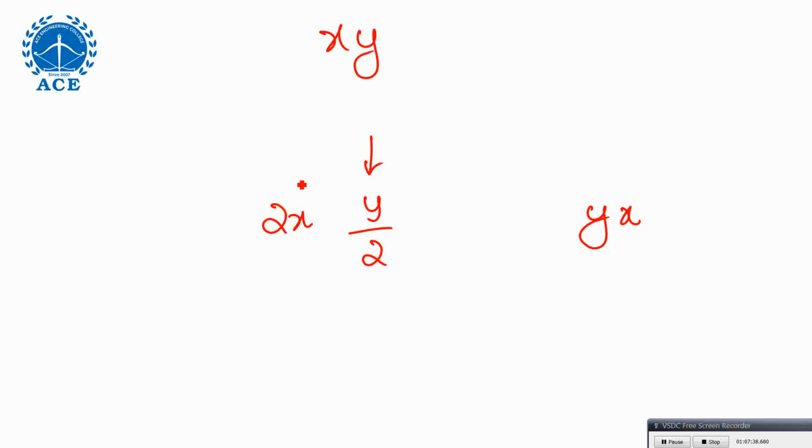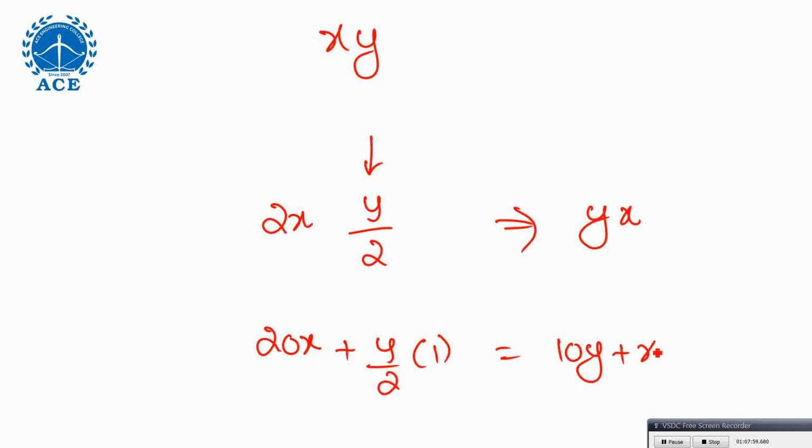So listen, when you take 2x in the tens place, the value is 20x. Value should be 20x because it is the tens place. Y by 2 in the units place means y by 2 into 1 should be equal to yx. That should generate yx. Y is in the tens place here, 10y. X is in the units place. Now you will get the relation between x and y. That's what they're asking about, the relationship between x and y only.